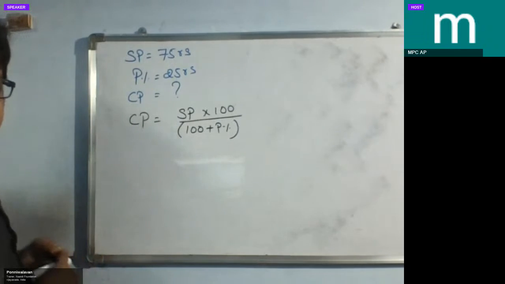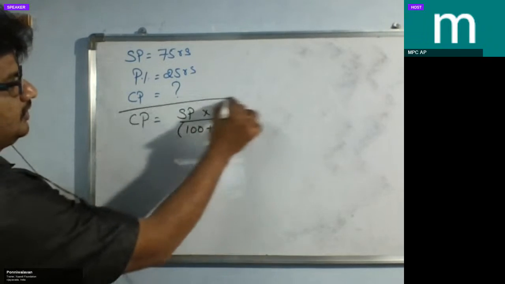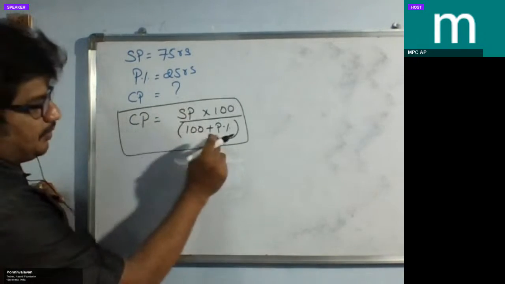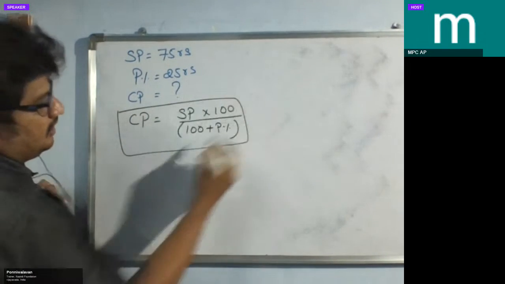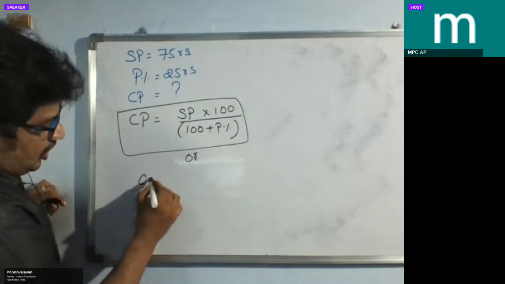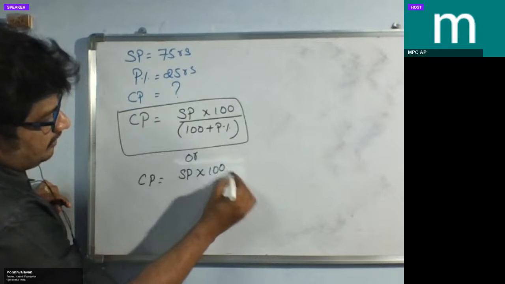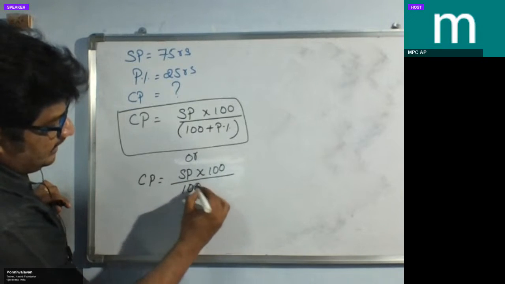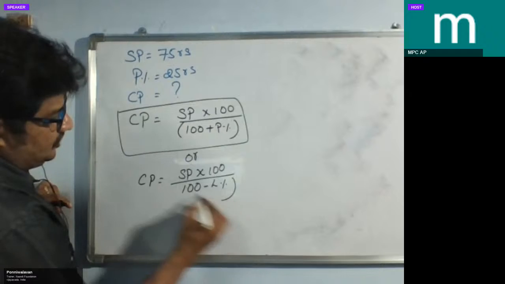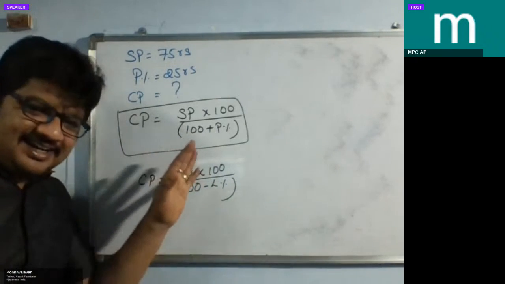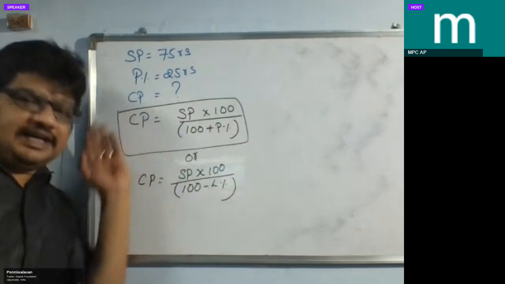This is a formula, note it down. If it is profit, you have to use this formula. If it is loss, cost price is equal to selling price into 100 divided by 100 minus loss percentage.